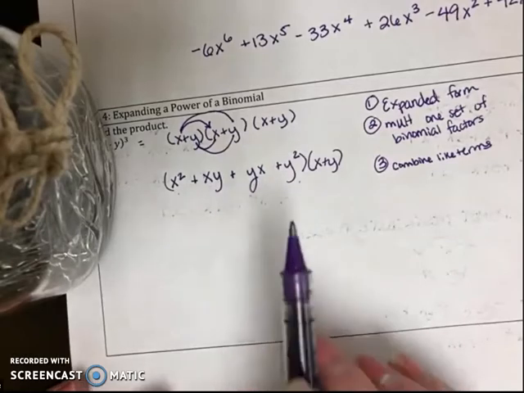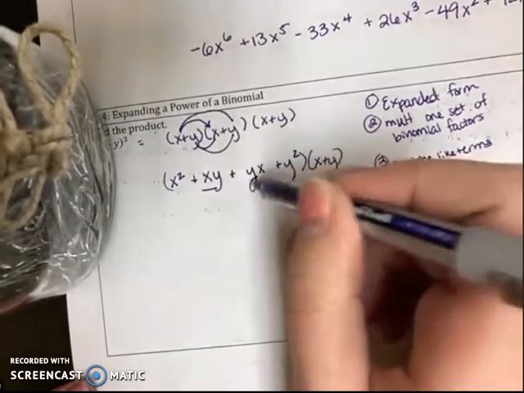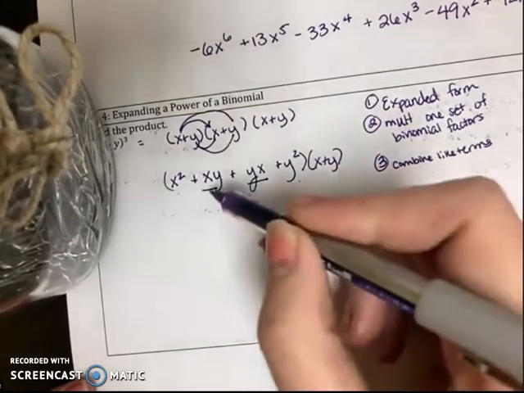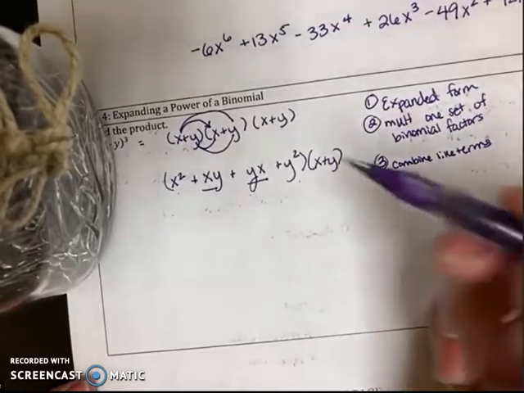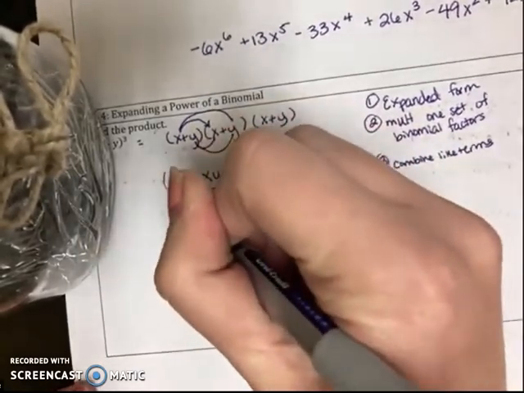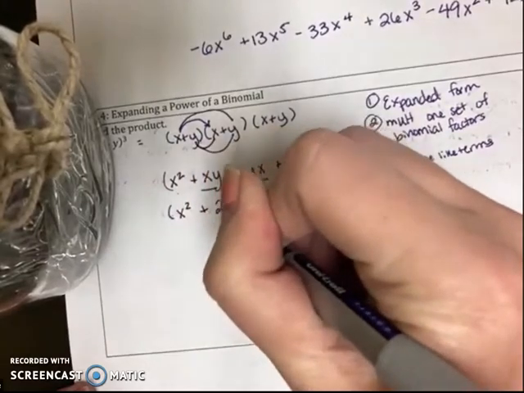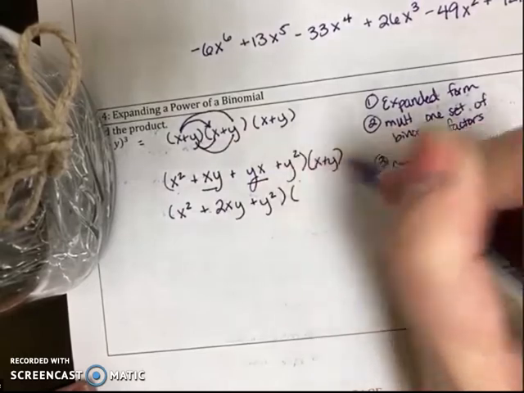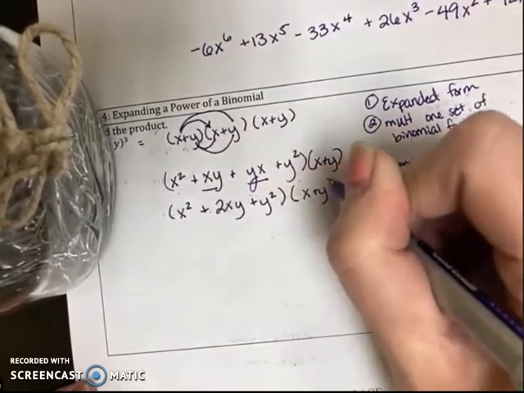Even though they're written differently, both of these are multiplying an x and y together. So I can combine these. 1 plus 1 is 2. So I have x squared plus 2xy plus y squared. And I'm multiplying that by my x plus y.